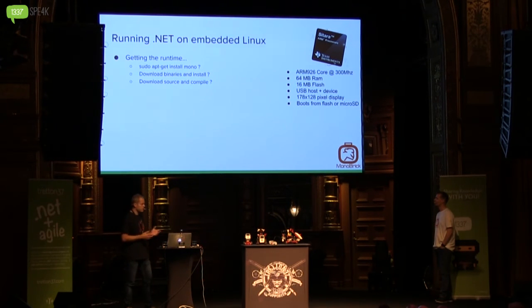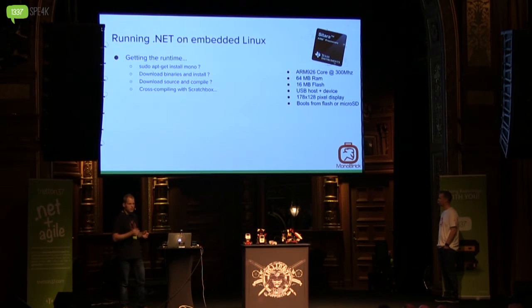So that's not really a suitable way to do it. In order to do this, we need to use a cross compiler, and it's fairly easy to get a cross compiler so that you can compile on your Intel PC and generate code for an ARM core.